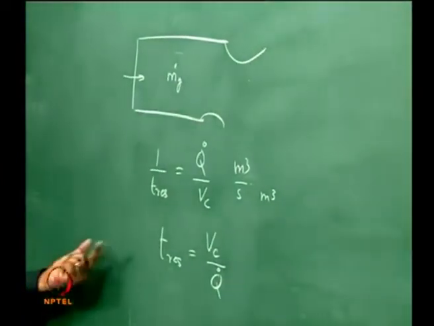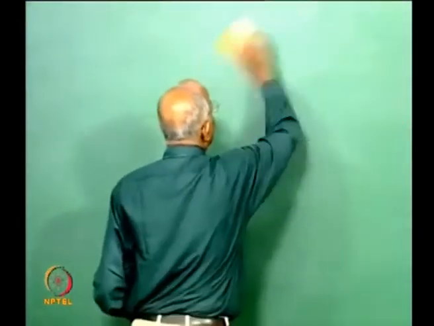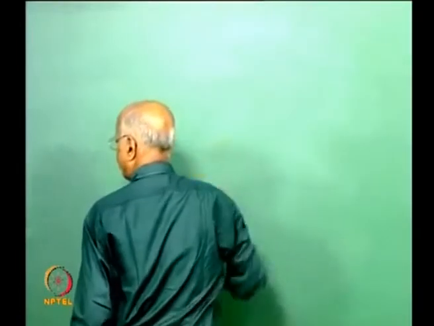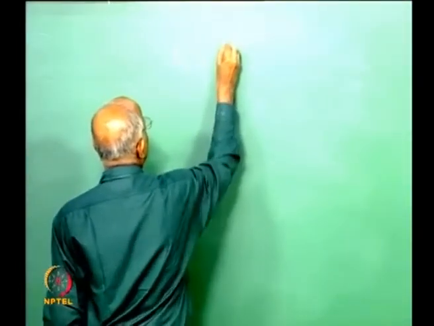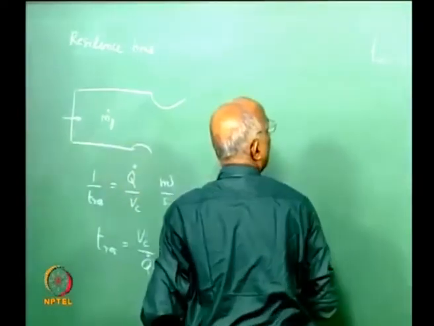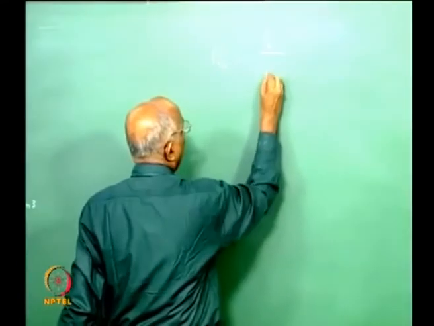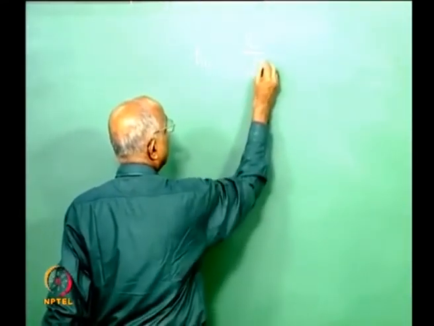I want to express this. How do I write this equation down? Let's put it down. T residence is the volume of the chamber, by which I mean this volume over here, into the mass of the gases in the chamber divided by the density.